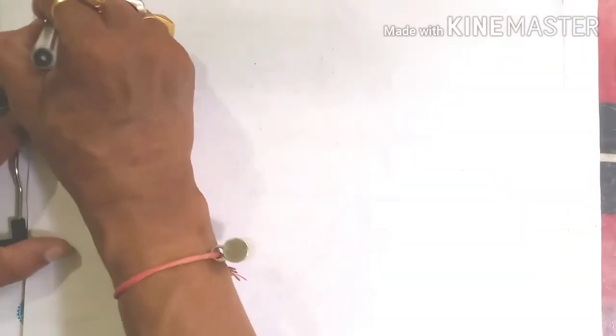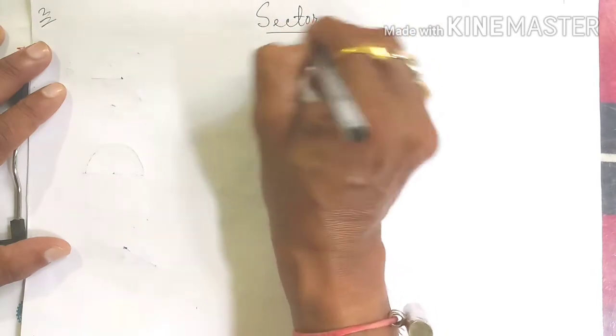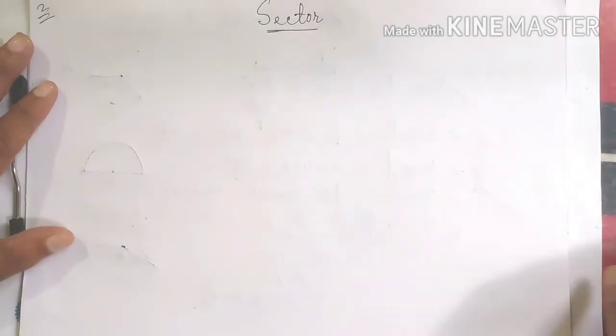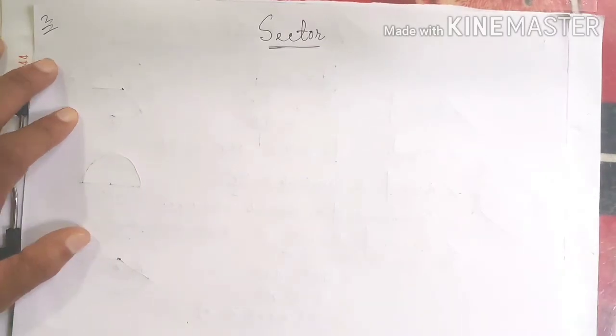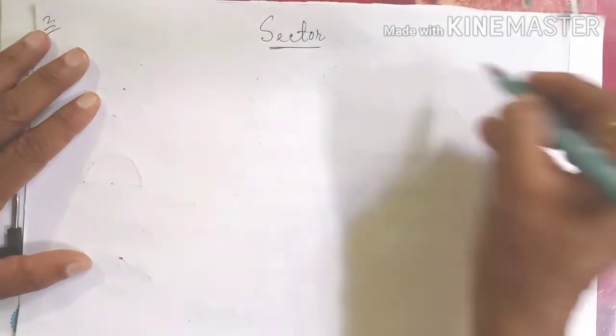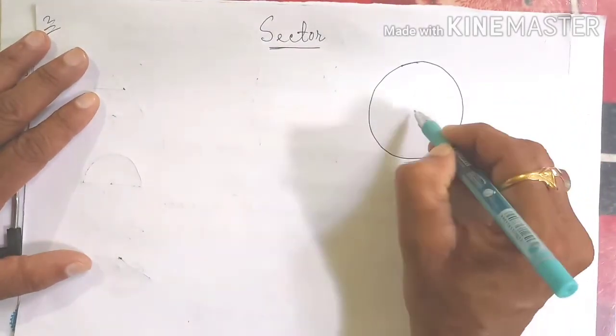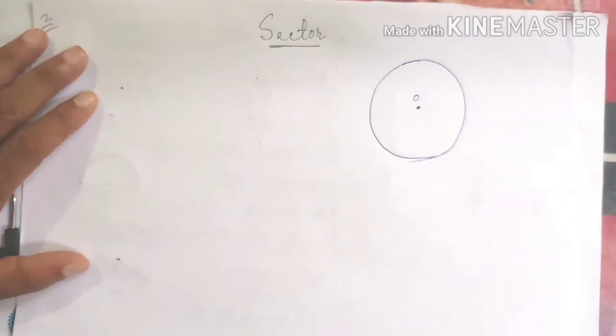The next parameter, which is very essential for us, is called a sector. Students, here we will learn what a sector means. Suppose this is a circle and here is the center.